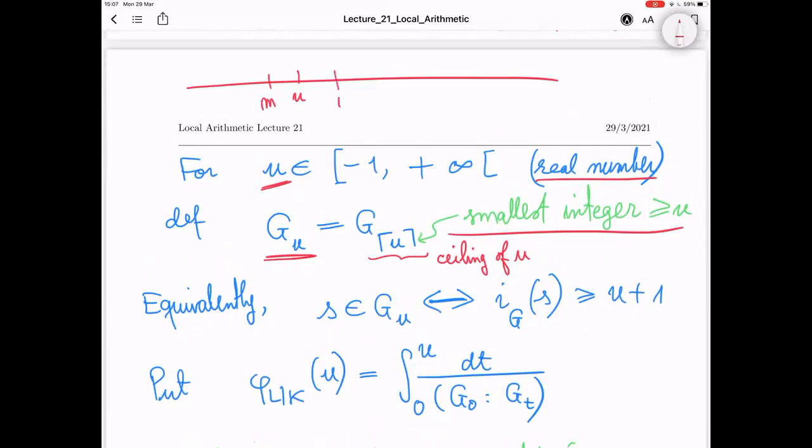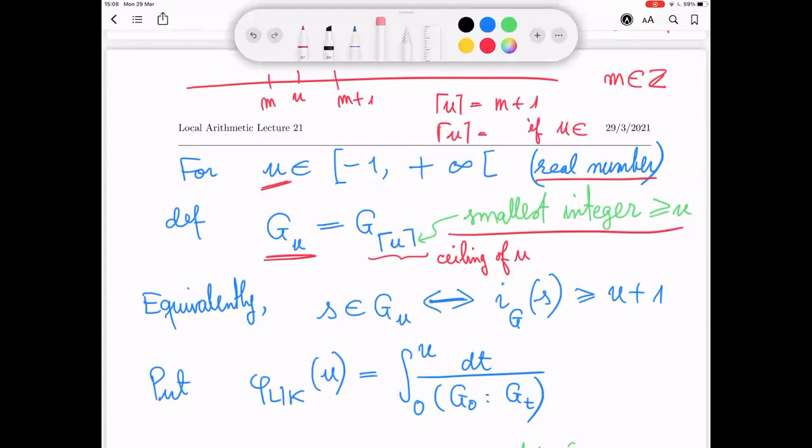There's always an integer m such that u is between m and m plus 1. Then the ceiling of u is, of course, going to be m plus 1. And it is equal to u itself if u is an integer, right?